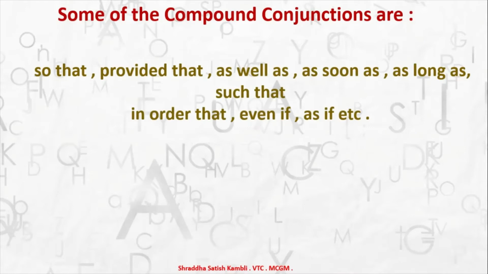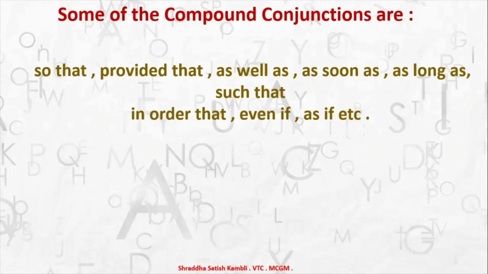When you use phrases like so that, provided that, as well as, as soon as, as long as, such that, in order that, even if, as if, when you make use of all these conjunctions, then it becomes an example of compound conjunctions. All these are examples of compound conjunctions.